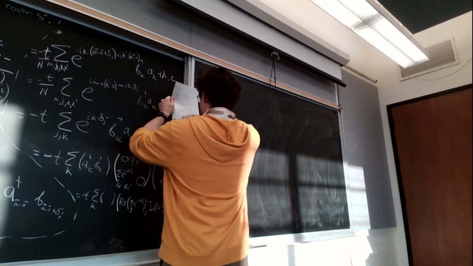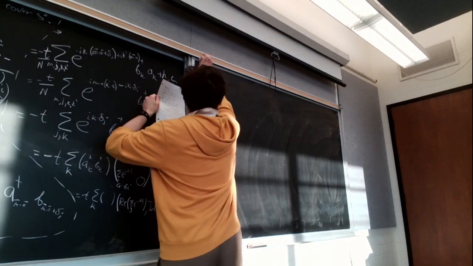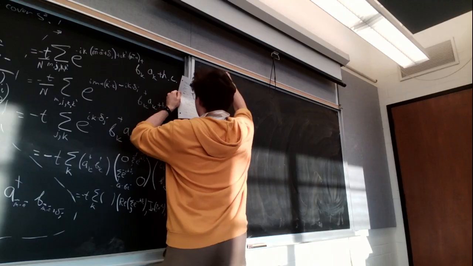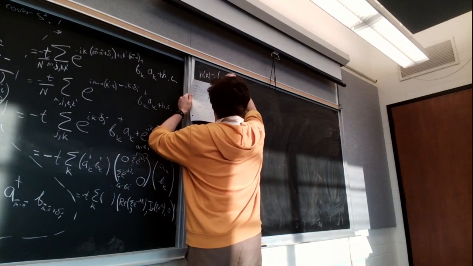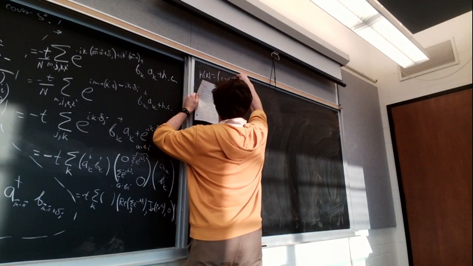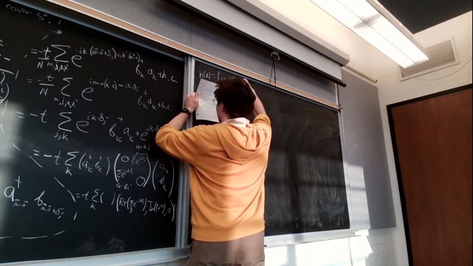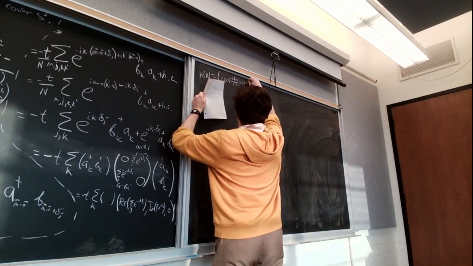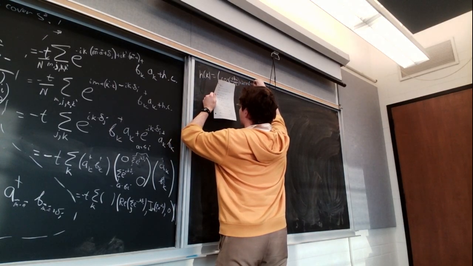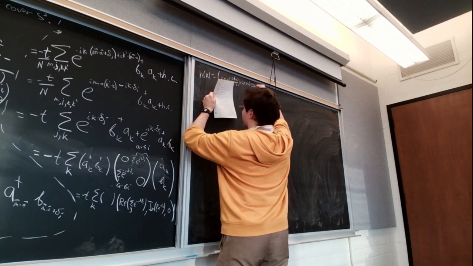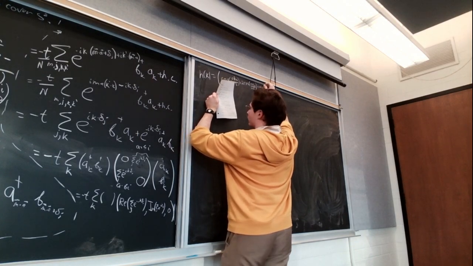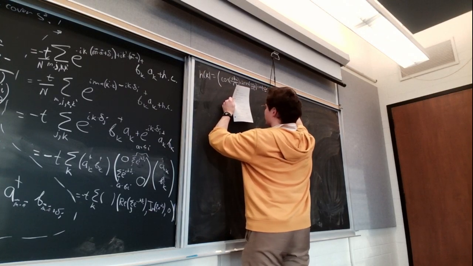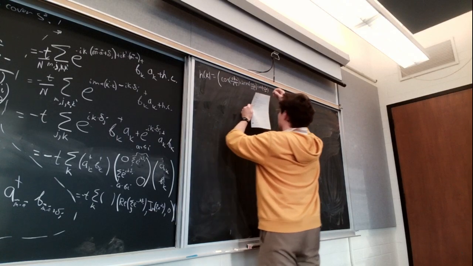So h of k in this case is cosine of akx over root 3 plus 2 cosine akx over 2 root 3. And this is maybe not the best way to write it. It's not obvious that this can go to 0 at some point, but it indeed does.